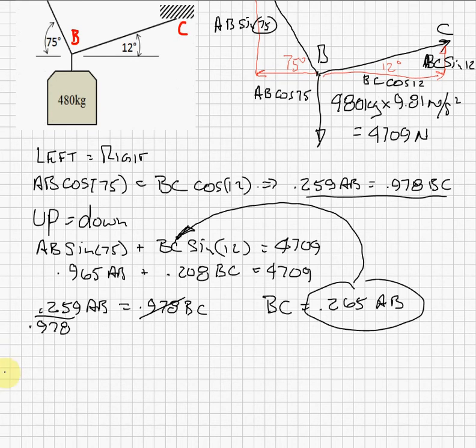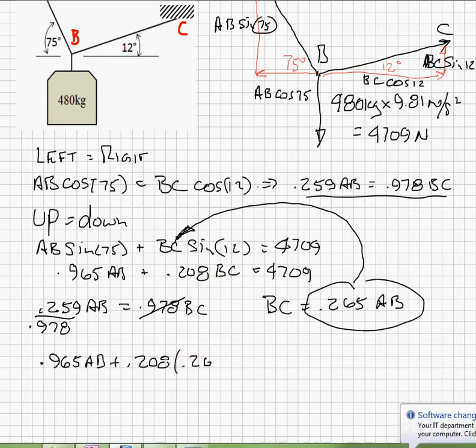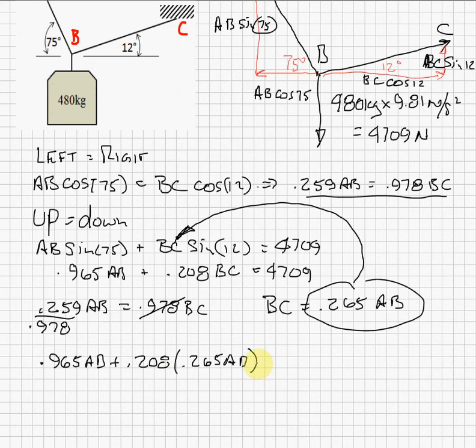And so the algebra now becomes 0.965 AB plus 0.208, and now this is where I plug in the alias for BC, 0.265 AB equals 4709.